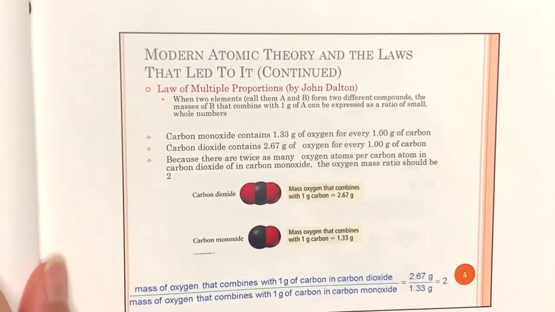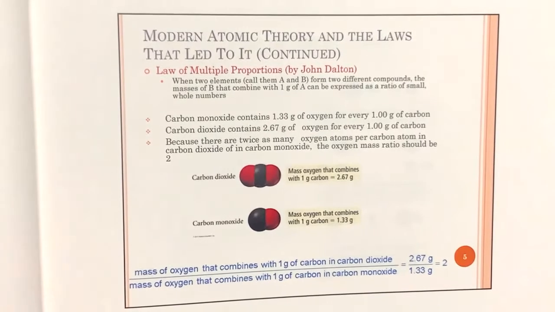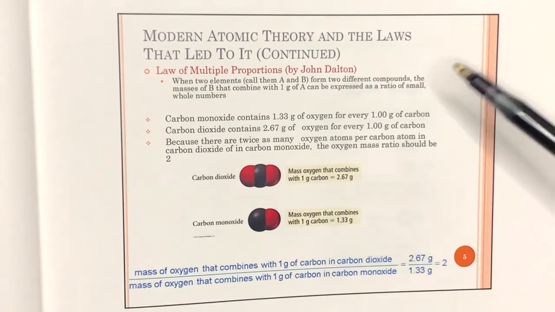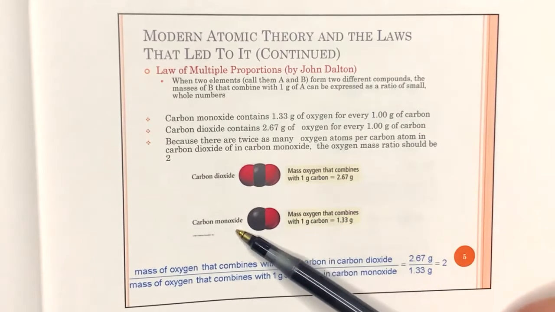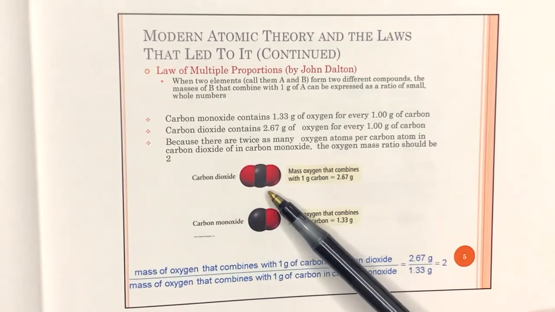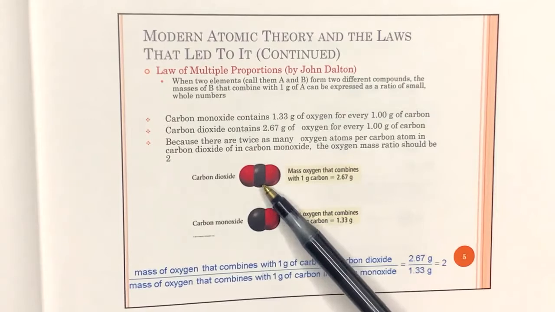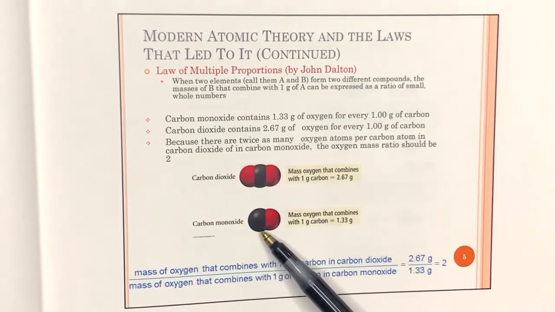Now there's another law. We call it the law of multiple proportion. The law of multiple proportion, by John Dalton, basically says that if you have two different compounds, like carbon dioxide and carbon monoxide, carbon dioxide will always have a ratio of oxygen double to the carbon, but carbon monoxide will always have a ratio of 1:1 of the carbon and oxygen.